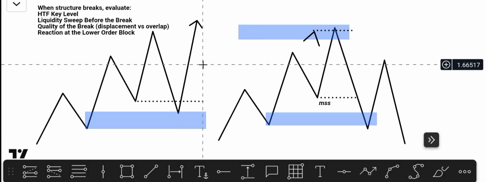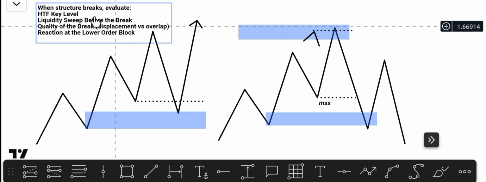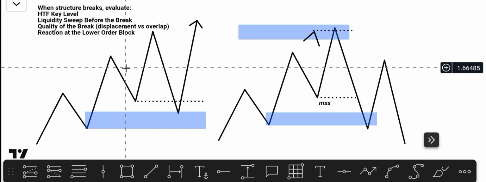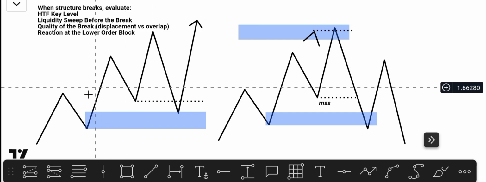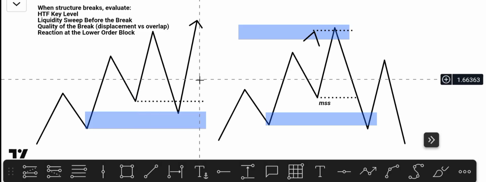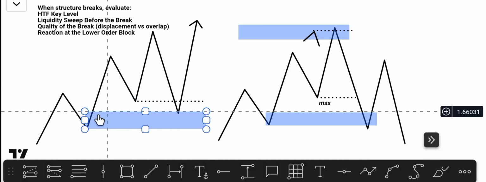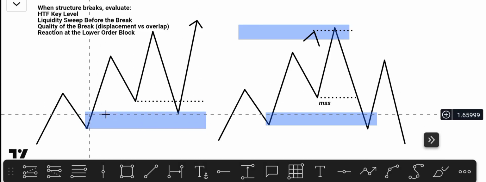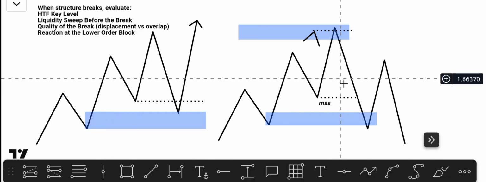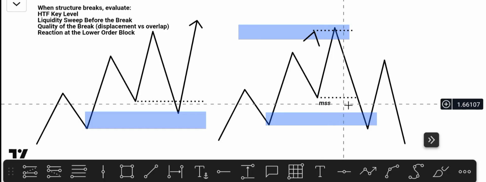Now let me come again to clarify this. I didn't script this video, so it's a bit not organized. So whenever price is in an uptrend, this is an uptrend scenario, flip it for a downtrend. Whenever price is in an uptrend and price breaks structure, there are two things that come to your mind. It can be that price is actually trying to trade to the lower order block and this is serving as an inducement, or it can be that price has changed the state of delivery and you have a market structure shift.